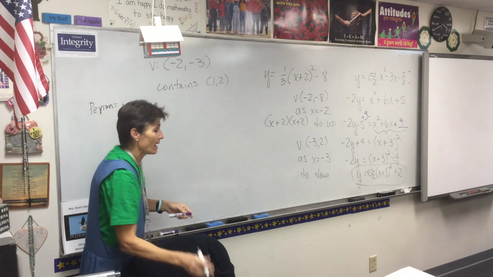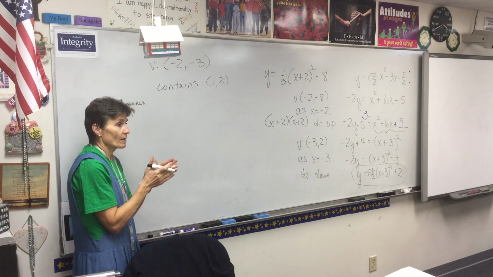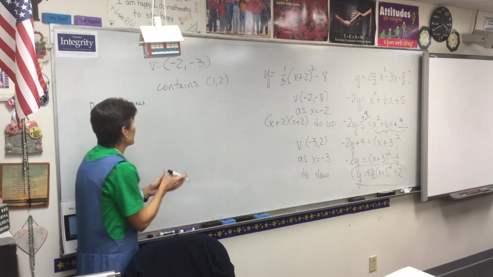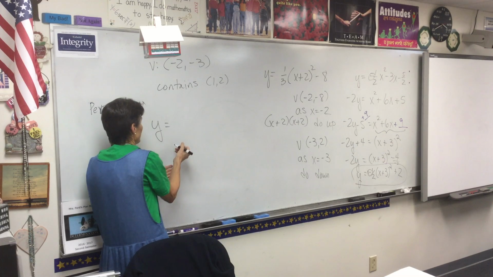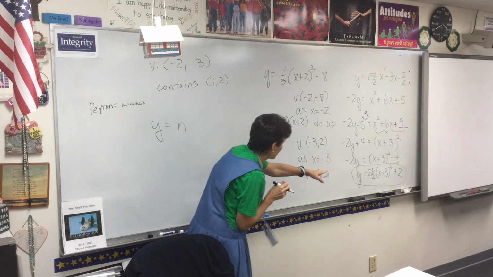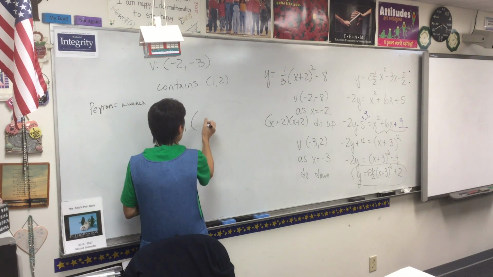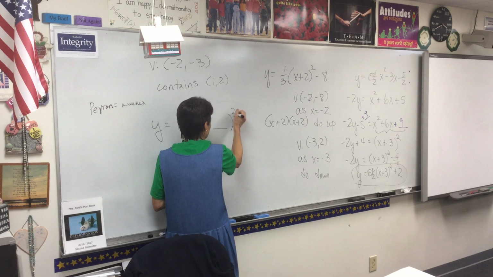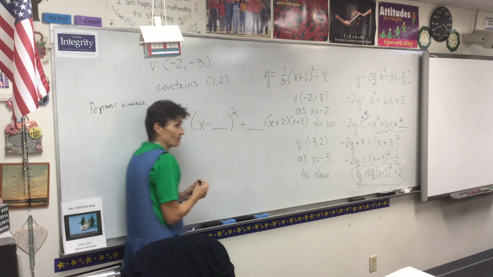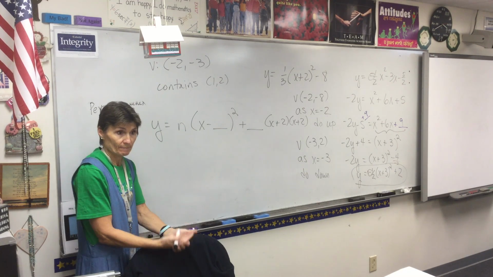All right, now, we know that our equation is going to ultimately look like some number out here in front. In this case, it was a -1/2, and here it was a 1/3. Some number out in front, x minus something squared plus something, right? Isn't that what our equation looks like?